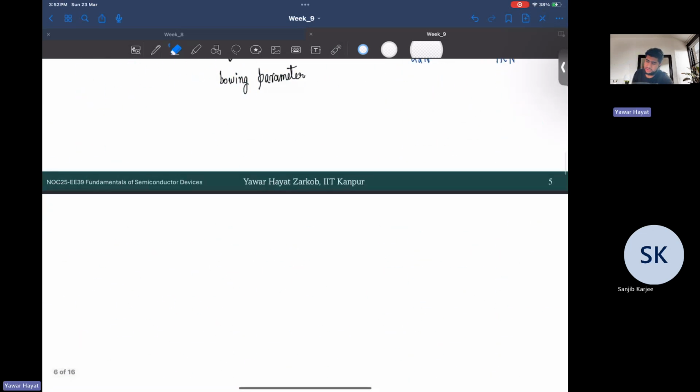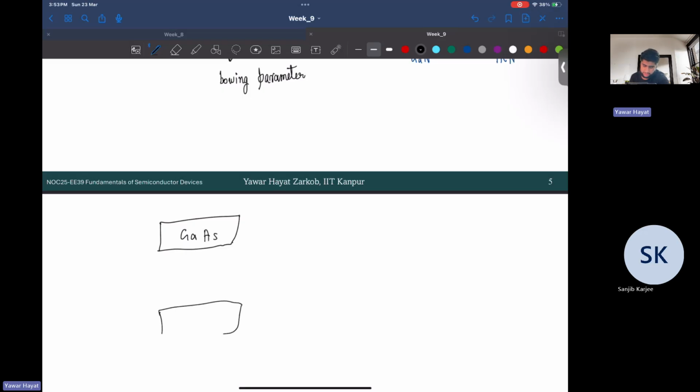What are heterostructures first? An example that I can take is a compound semiconductor, gallium arsenide.